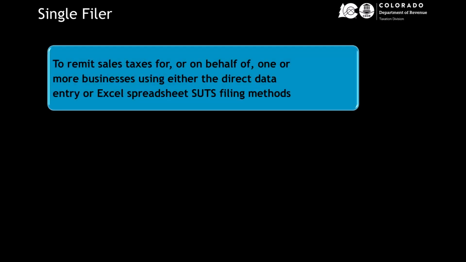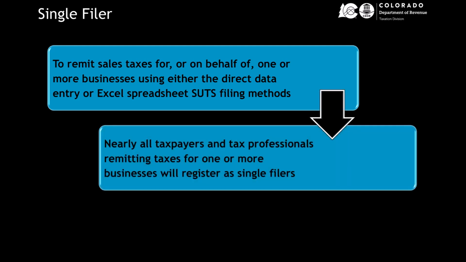A single filer is any taxpayer or tax professional who intends to remit sales taxes for or on behalf of one or more businesses using the direct data entry or Excel spreadsheet filing method. The majority of taxpayers and tax professionals remitting taxes on behalf of one or more businesses will register as single filers.